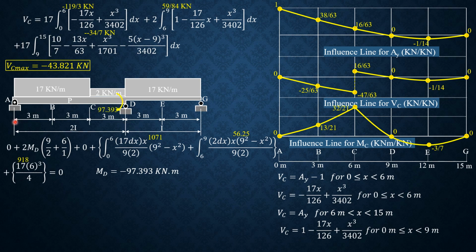We first compute for AY, then after we solve for AY, we apply the moment and shear at this section C here. The positive shear is going down, then we sum up forces vertical to derive shear at C maximum. So this is the moment at C, then shear at C maximum.